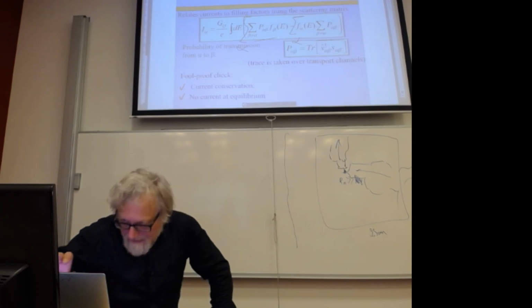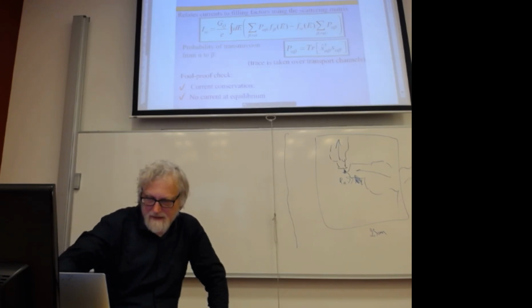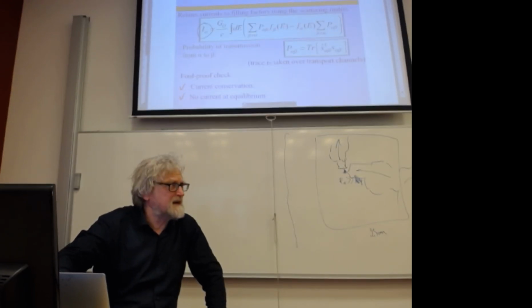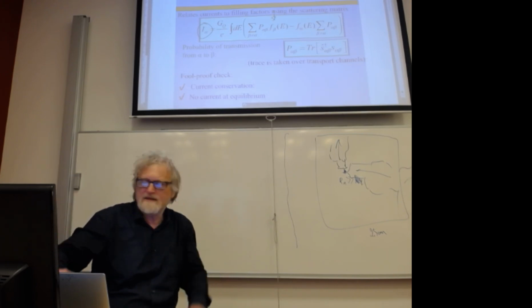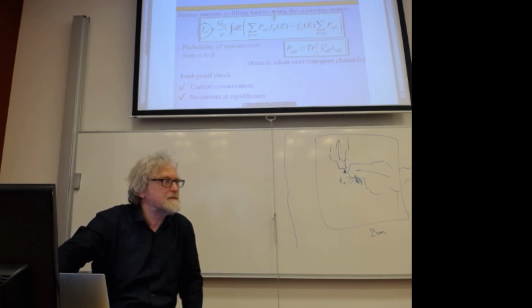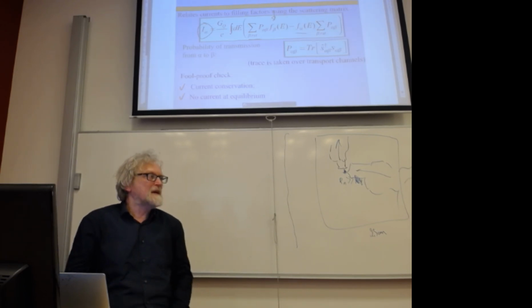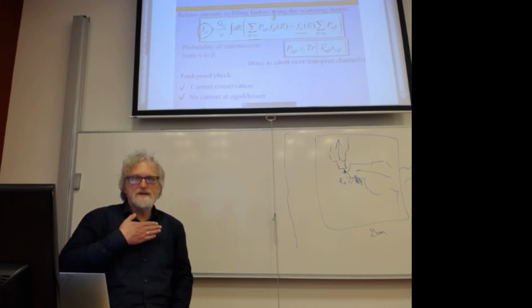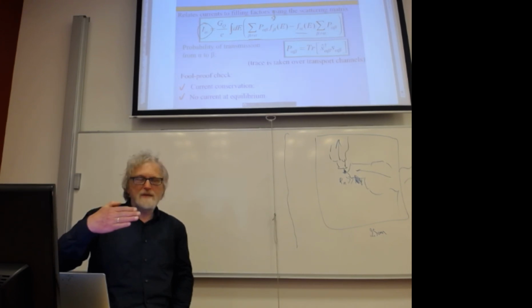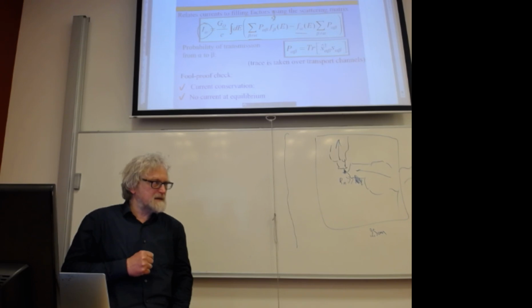Let me repeat again what I was talking about. It's the filling factor in alpha, and the filling factor in all other terminals. Beta is not alpha here. Here it's the filling factor in the same terminal, which comes from electrons that come from terminal alpha to the nanostructure.